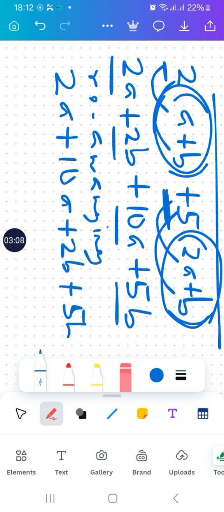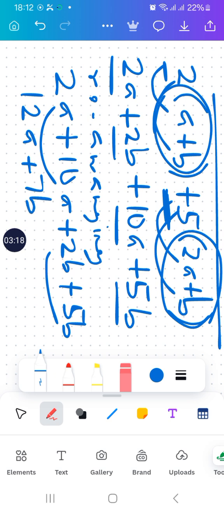So those things that look alike, we can bring them together. 2a plus 10a will give us 12a. Then 2b plus 5b will give us 7b. And since a and b are not of the same term, this is going to be our final answer.